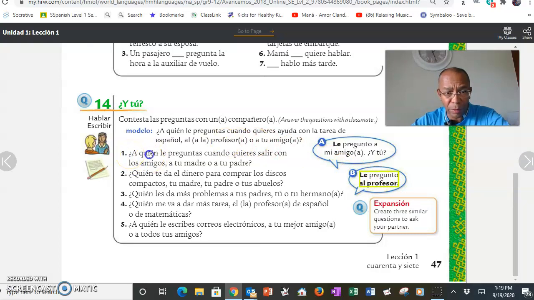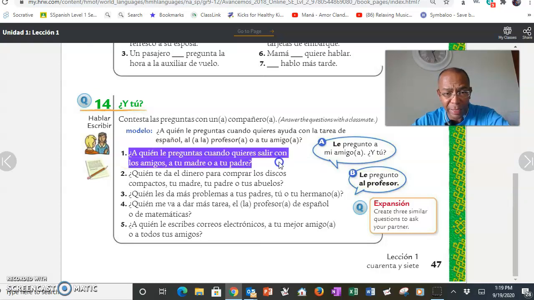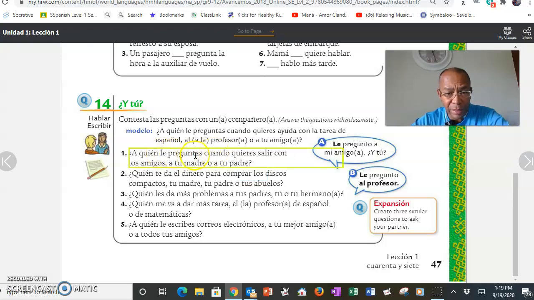I'm going to do number one with you. ¿A quién, to whom, le preguntas cuando quieres salir con los amigos? ¿A tu madre o a tu padre? Okay? Who do you ask? This is what you have to say. Cuando quieres salir con tus amigos, con los amigos. When you want to go out with your friends. ¿A tu madre o a tu padre? Your mom or your dad?